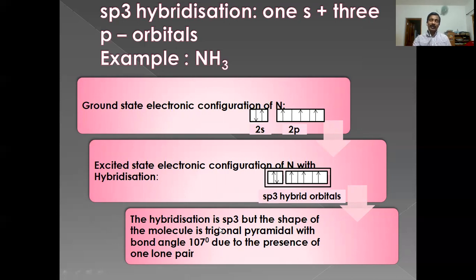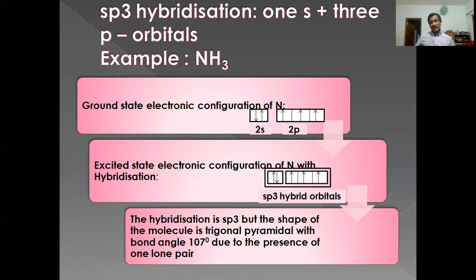Here we are expecting a tetrahedral structure, but one is a lone pair that is not involved in bond formation. That is a lone pair. So in this case, we can expect a distorted tetrahedral structure. That means you will get a pyramidal structure, trigonal pyramidal structure, with the bond angle 107 degree, because nitrogen has a lone pair of electrons.